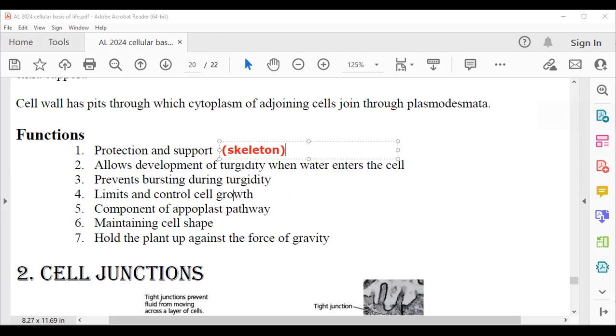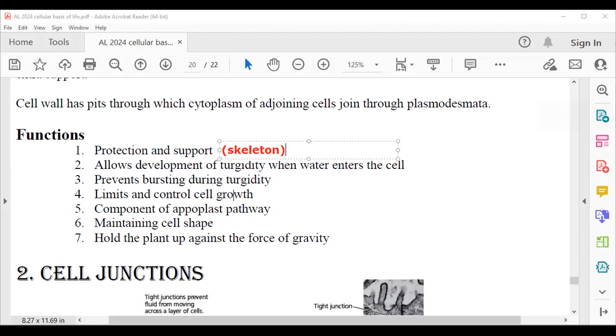No need to explain that point further. The second one, I already told you regarding turgidity, correct? In developing turgidity, very importantly, the vacuole plays a role, correct?